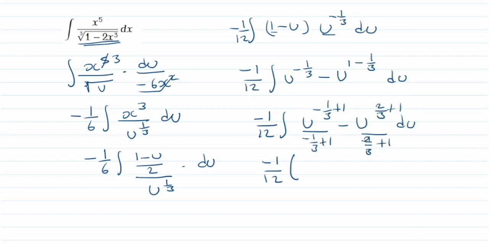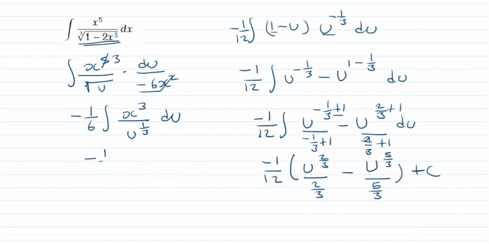So adding the power and dividing by the new power, we are going to have u to the power 2 over 3, then everything over 2 over 3. Then minus, we add the power here, we get u to the power 5 over 3, then everything over 5 over 3 plus c. Now that we've integrated, we can simplify our expression here.